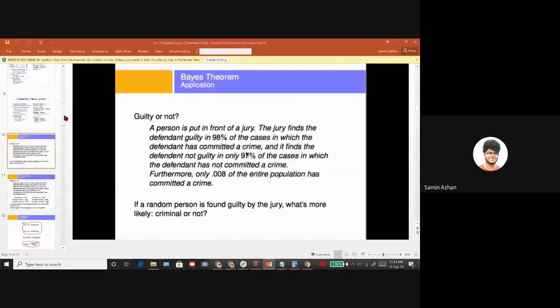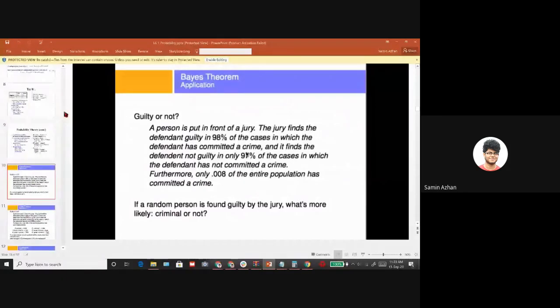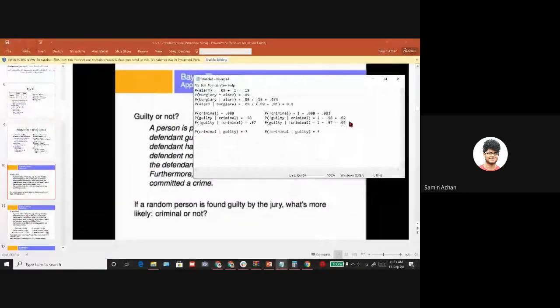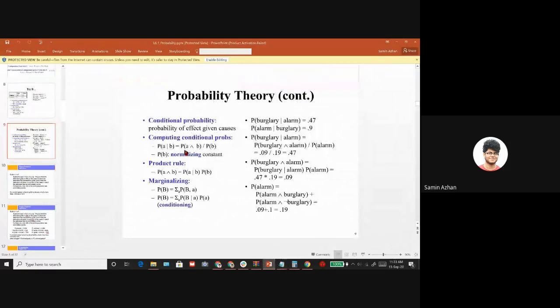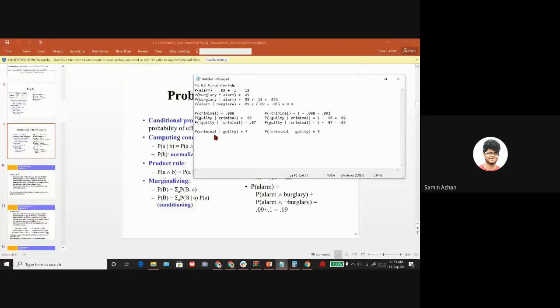So now how can we do that? Our available information is here. Let's look at the rules again. If we use the computing conditional probability rule, can we get somewhere?